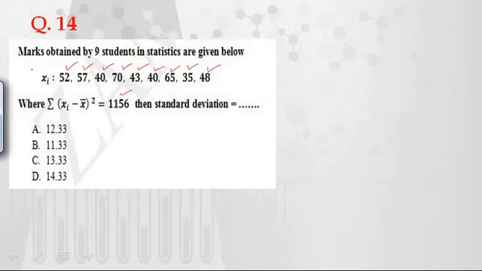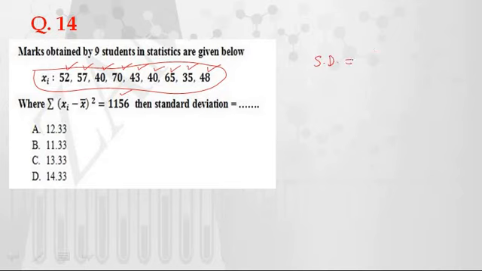As we can see here, all the marks of students are listed here. There is no frequency distribution given here. So the standard deviation formula is the root of summation xi minus x bar whole square divided by n.